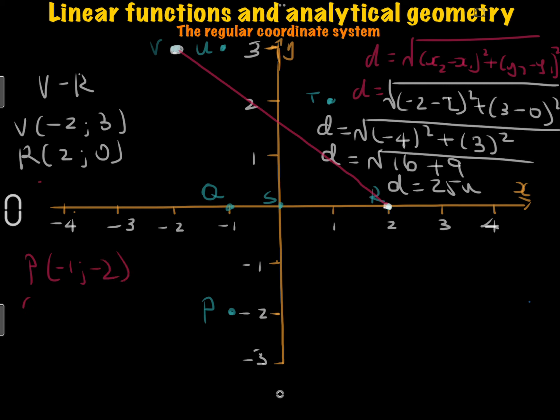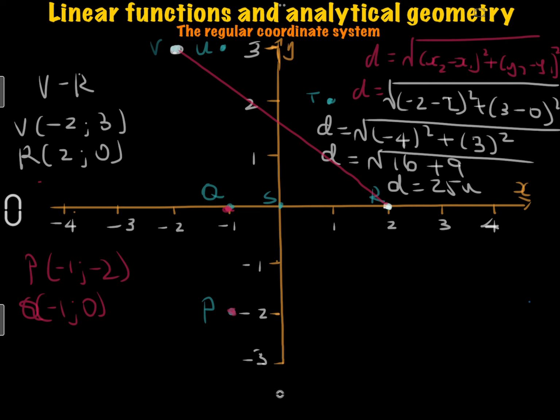Then Q: X is -1, and Y in this case is simply 0, because these are the 2 points I'm talking about. X is -1 for Q, and Y is 0, and for P, X is -1 and Y is -2.